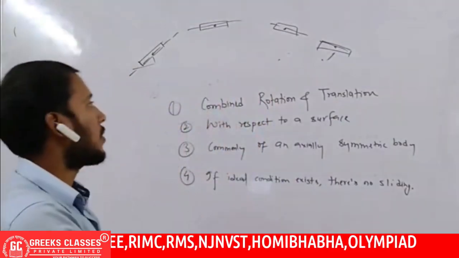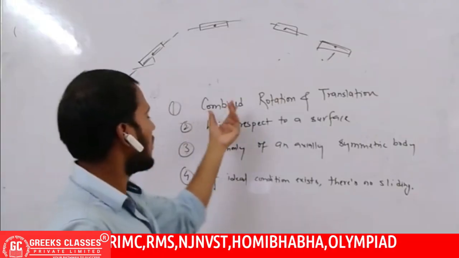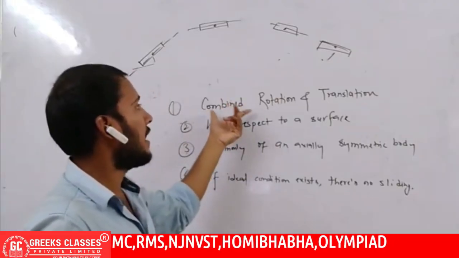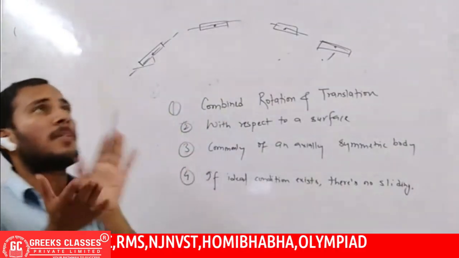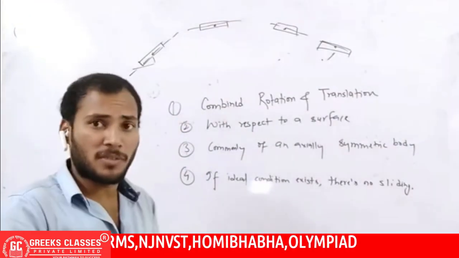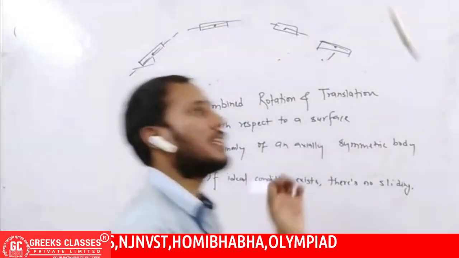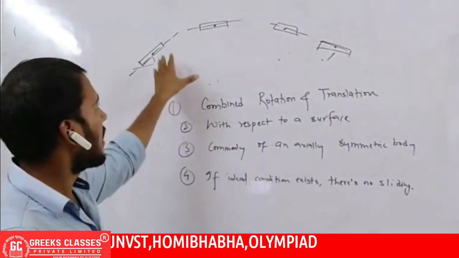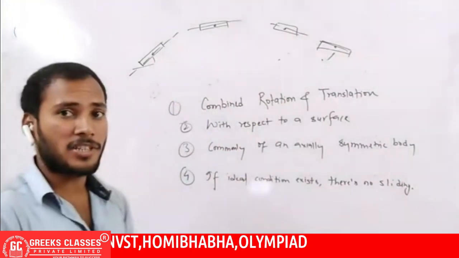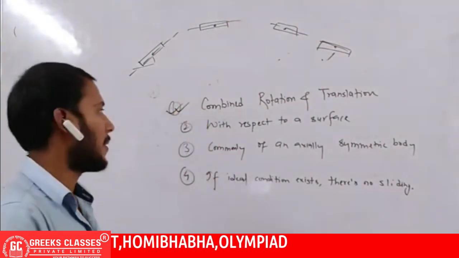So this is combined rotation and translation, the first condition for rolling. If I throw this marker like this, it is only translation motion. And now if I throw something like this, see, this is rotating as well as translating. So this consists of both motions, translation and rotation. So the first condition is satisfied for this marker.